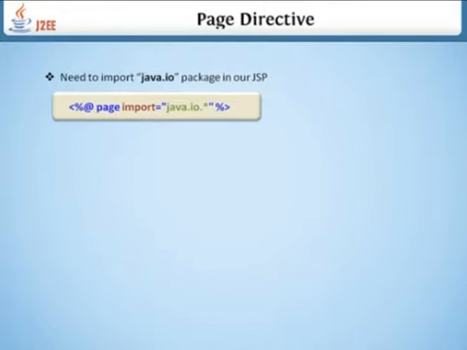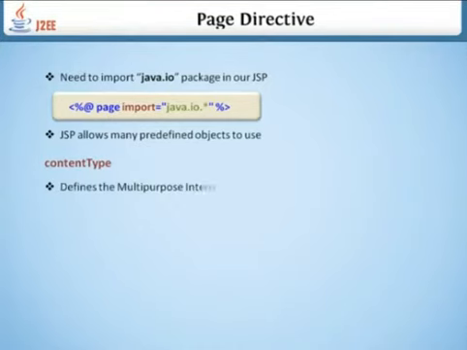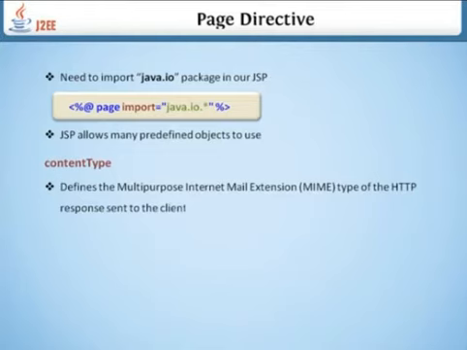Next one is content type. It defines the Multipurpose Internet Mail Extensions (MIME) type of the HTTP response sent to the client. The value can be a MIME type alone or a MIME type with the character set.